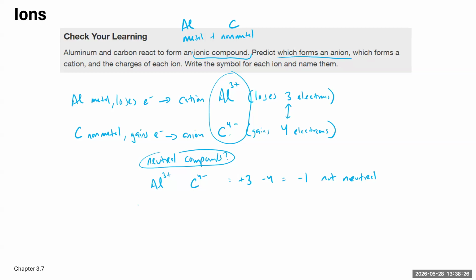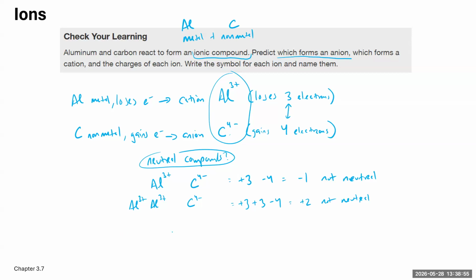Let's try 2 aluminums. Well, that's a plus 3 minus 4. So that's 6 minus 4. That's a plus 2. Not neutral.